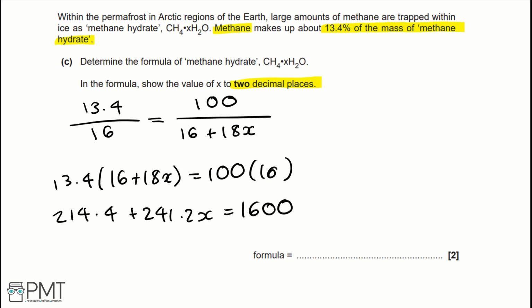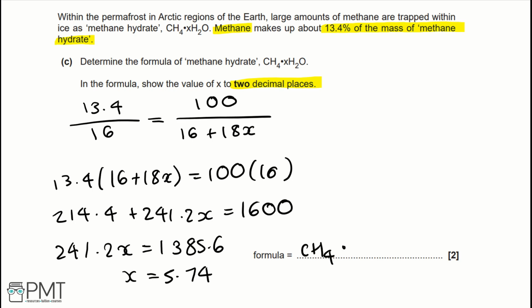Then, continuing to rearrange again, 241.2x equals 1385.6, and that makes our x 5.74. So, when writing the formula, we need to have CH4 dot 5.74, because 2 decimal places, H2O.